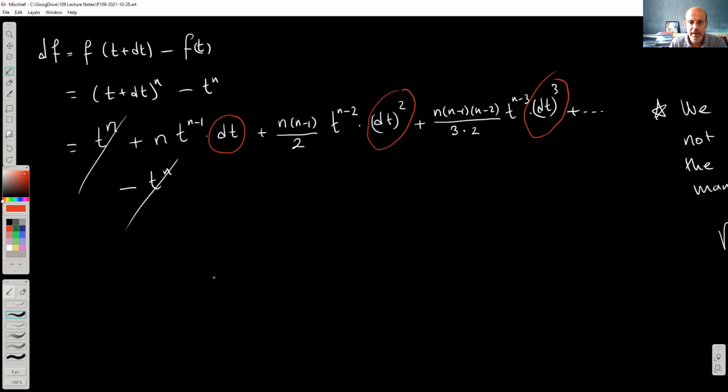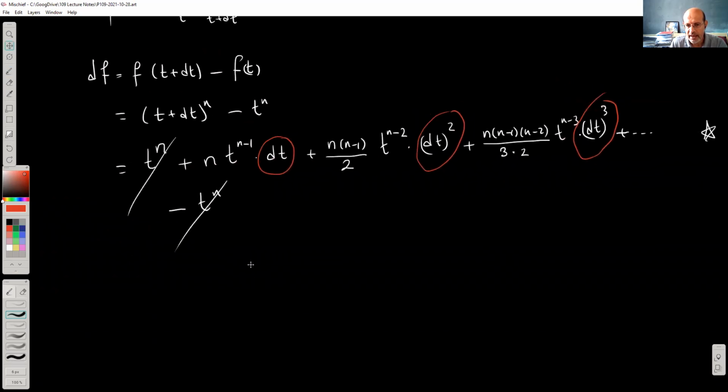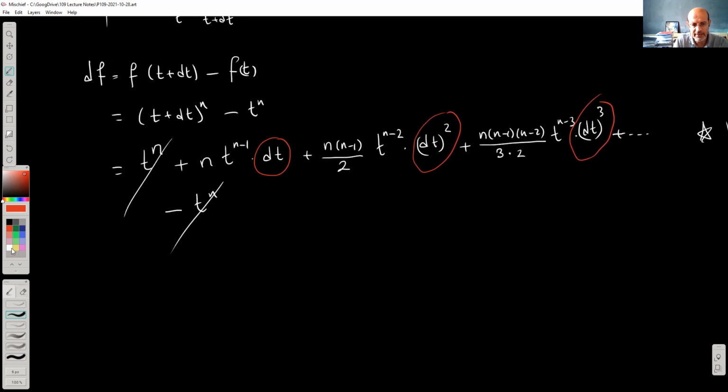Okay. So if we just write down this expression in here, the infinitesimal change in the value of f is n times t to the n minus 1 times dt. So that's small, infinitesimal. So let me also write down this next term in here, dt squared.